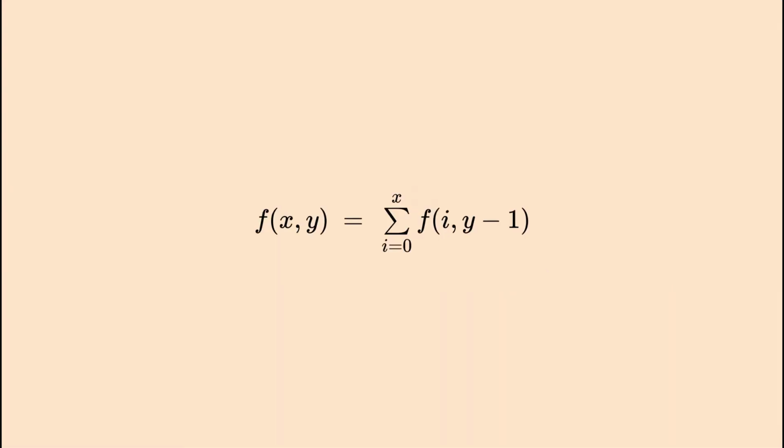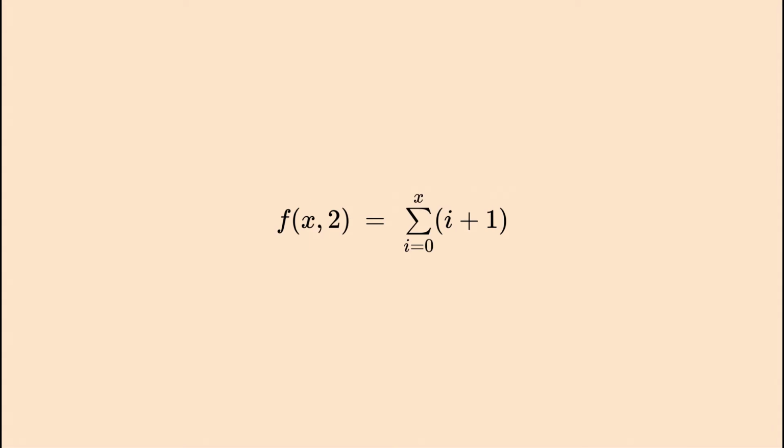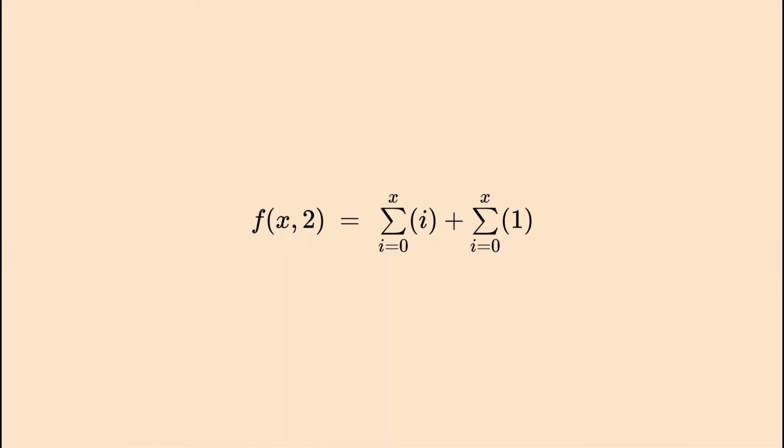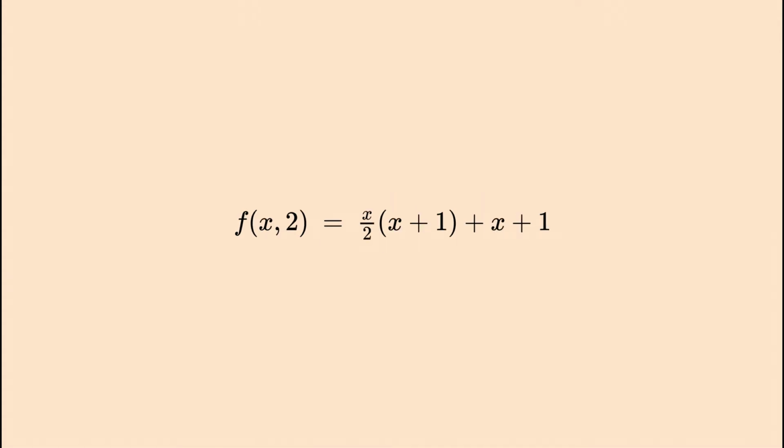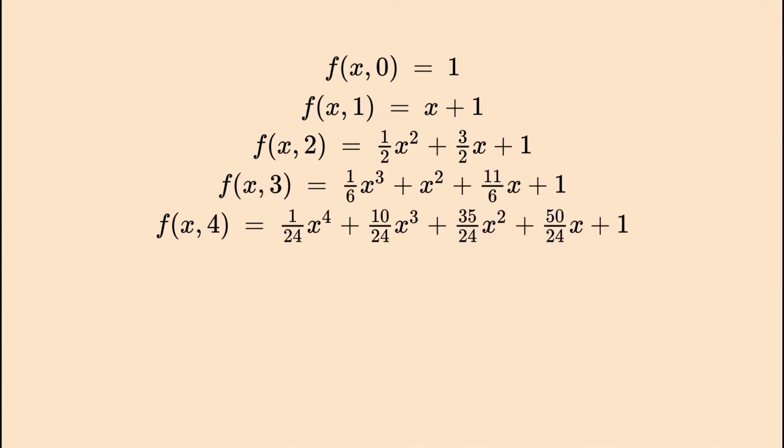Then looking at a pile of x cards and another with 2 cards, we get the following sum, which we can split like so, having a term that collapses to x plus 1 and a term which is the famous Gauss sum. We then keep increasing the right pile and get the following results.